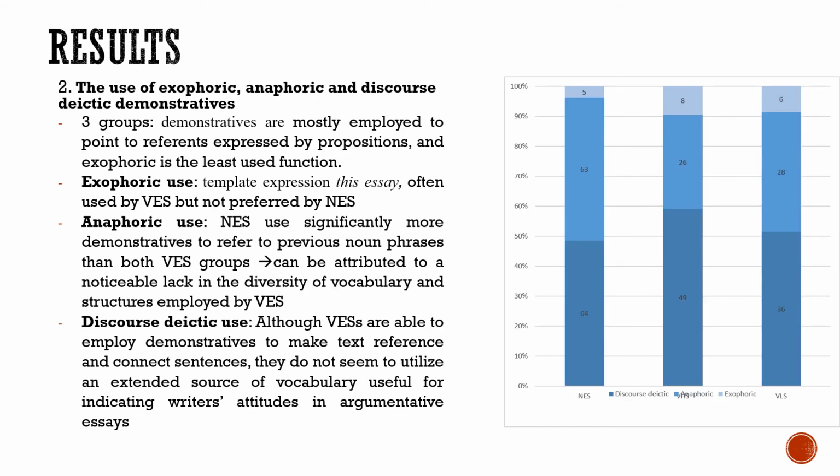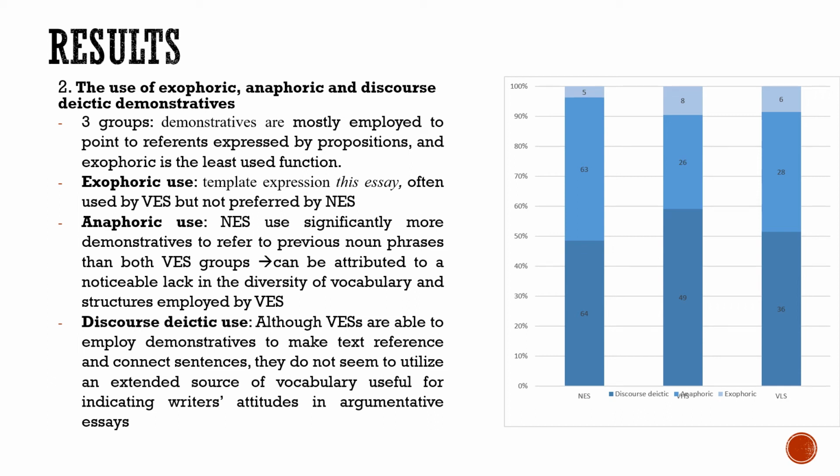The third results concern the use of exophoric, anaphoric, and discourse deictic demonstratives. In all three groups, demonstratives are mostly employed to point to reference expressed by proposition, and exophoric is the least used function.